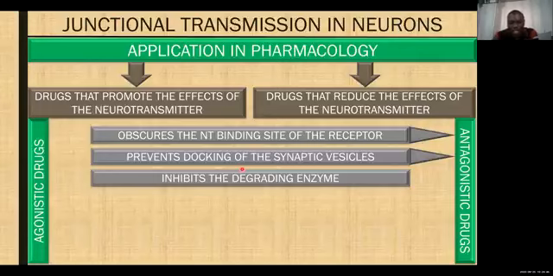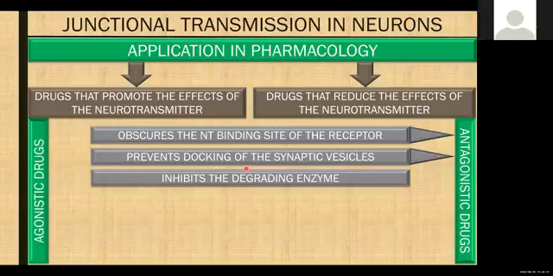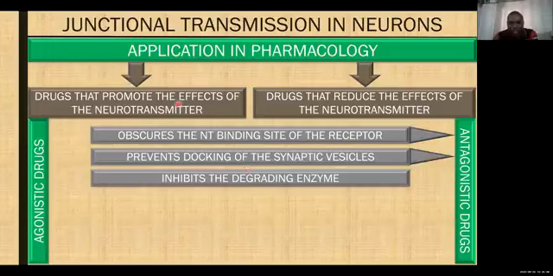So if you have a drug that inhibits the degrading enzyme, what will that drug do? Yes, Ashley? It's an agonistic drug. Very good. That drug will promote the effect, so it will be agonistic drug.